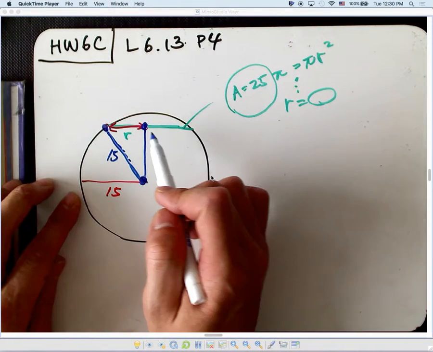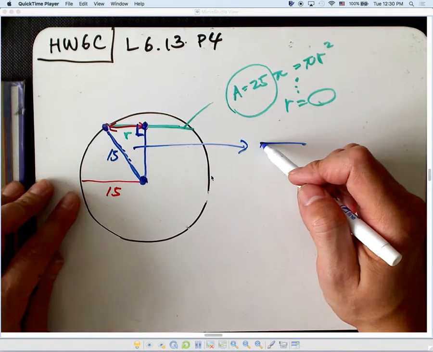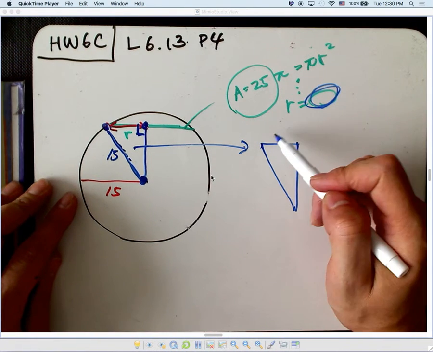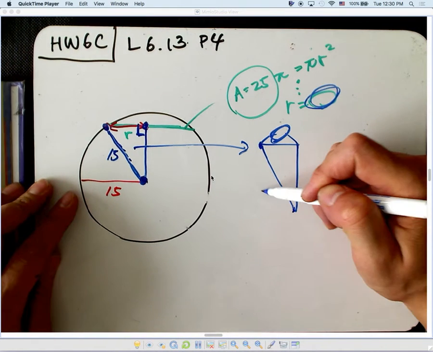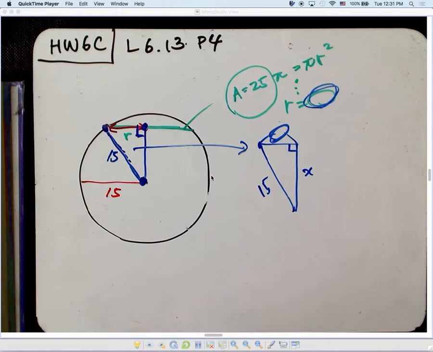Now, do you see the right triangle right there? If you take the right triangle out, that radius will be from here to here, and we know from here to here is 15. So by using the Pythagorean theorem, you can find the distance x. Good.